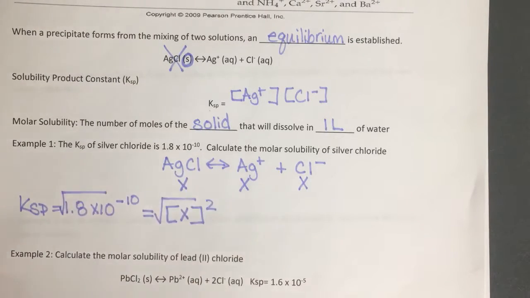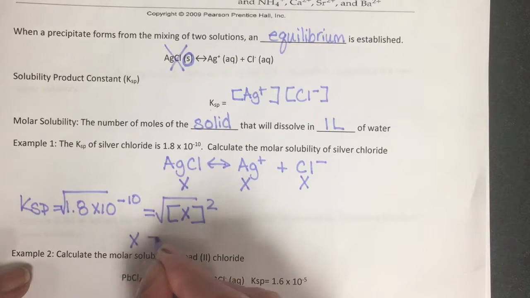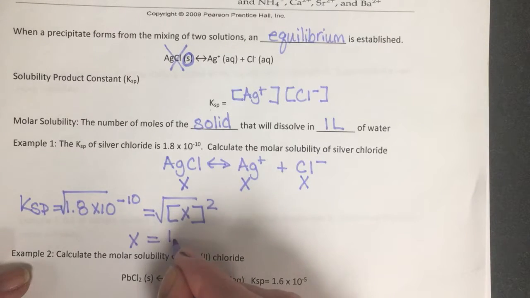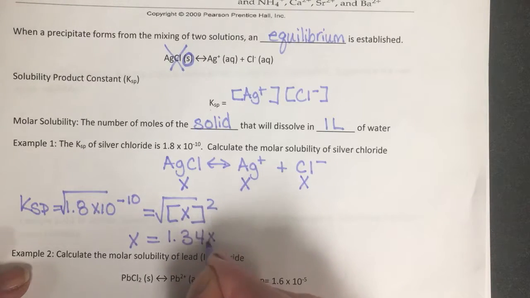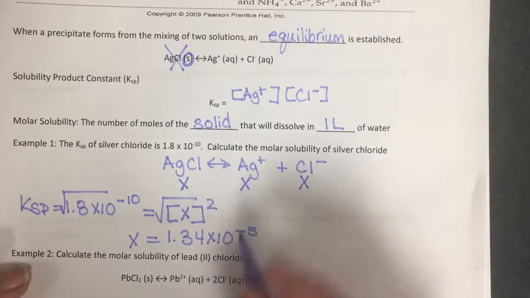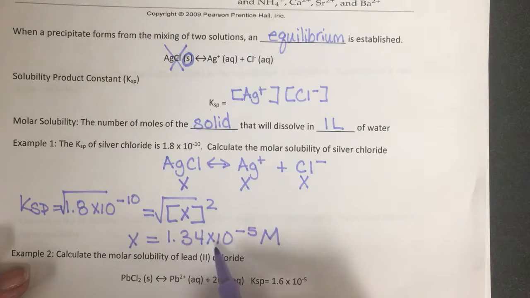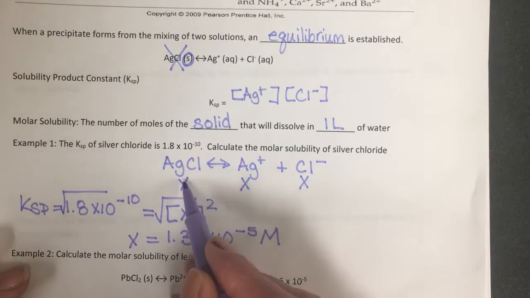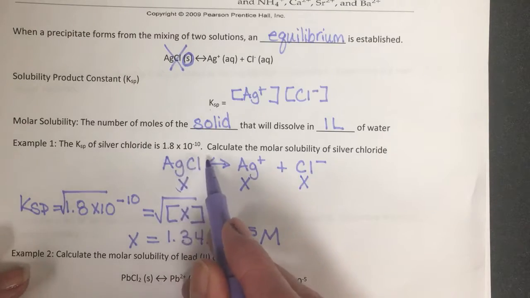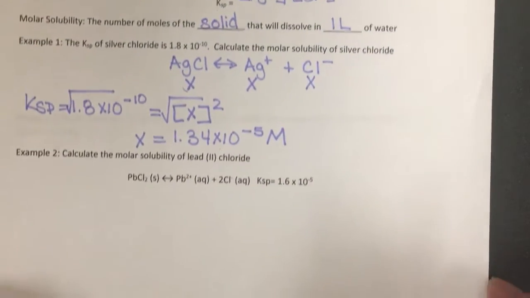So 1.8 times 10 to the negative 10th, if I take the square root of that, I get x is equal to 1.34 times 10 to the negative 5th. This is going to be moles per liter. So 1.34 times 10 to the negative 5th moles per liter of AgCl can dissolve in solution.